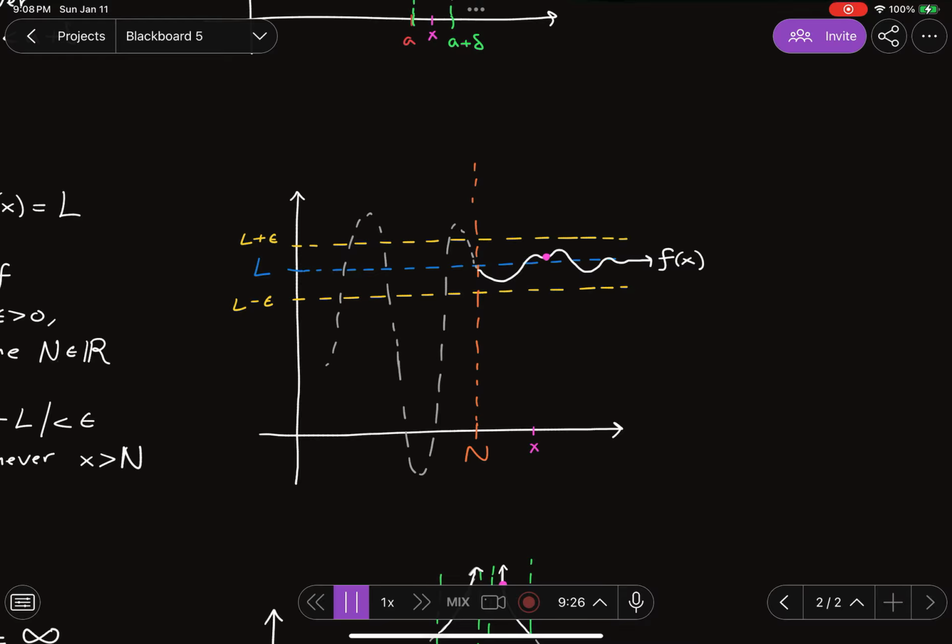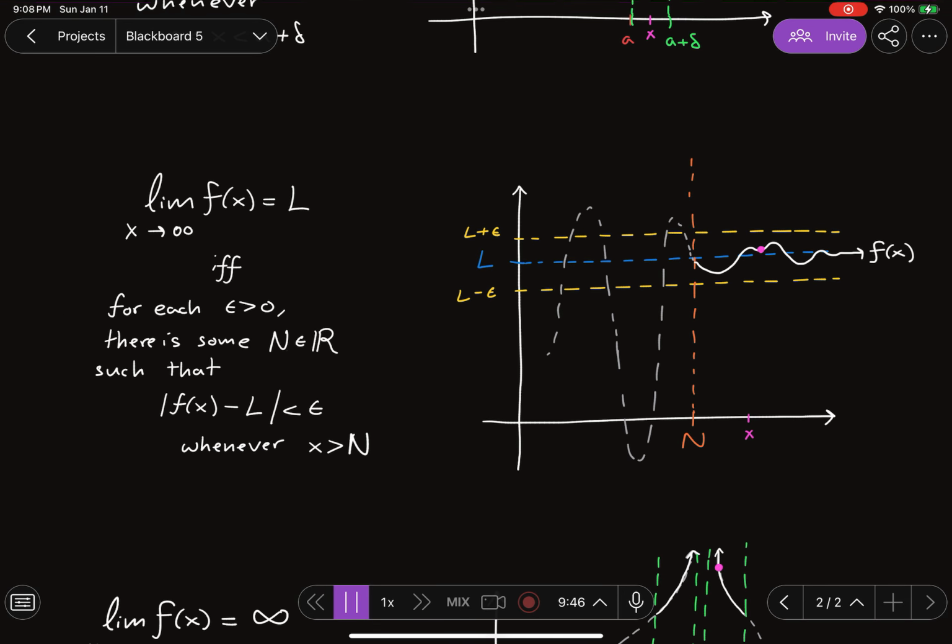If at some point, maybe the next number n is much further, if all x values past n force f of x to be within that epsilon strip, then you can say that the limit of f of x as x approaches infinity is equal to L. And that has to be no matter what epsilon we're talking about.